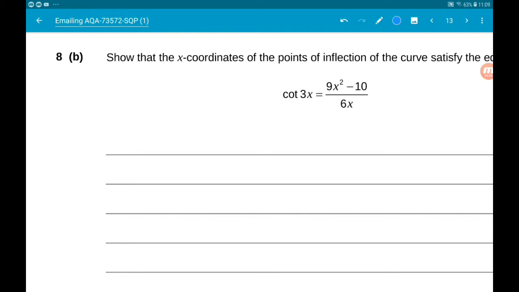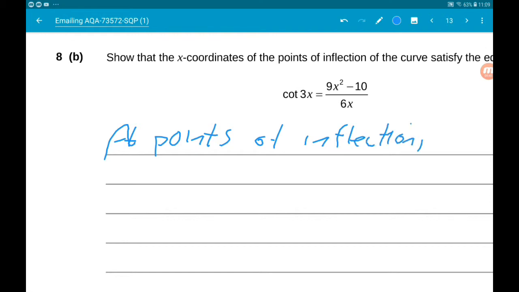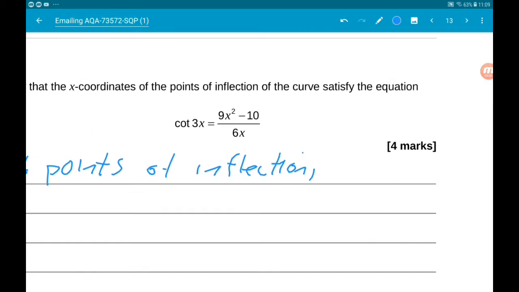So we should start by writing something like that. So at points of inflection, d squared y by dx squared is equal to 0.